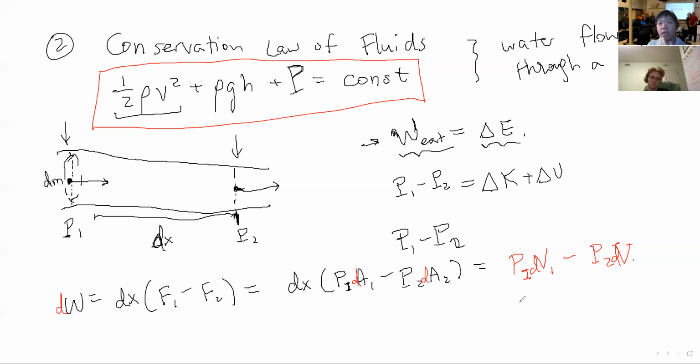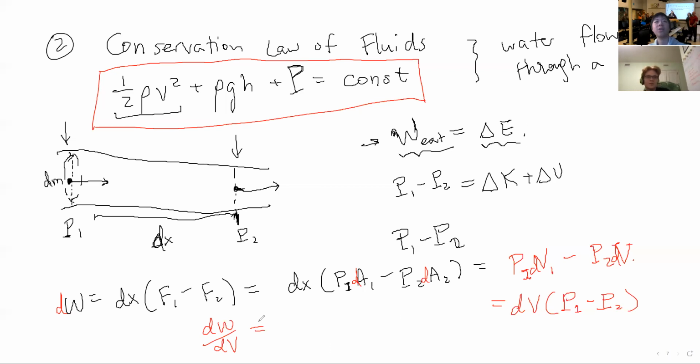We can factor out a dV to get dV times (P1 minus P2). Now we have a d on both sides, so we can divide to make this a derivative, like that physics thing that math doesn't agree with. Divide by dV, we get dW/dV.